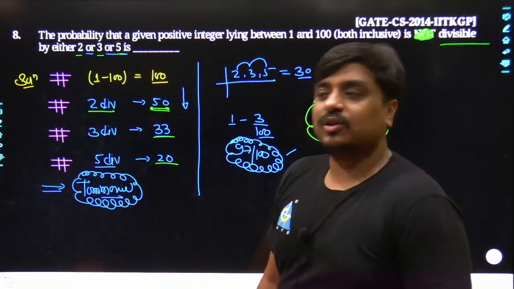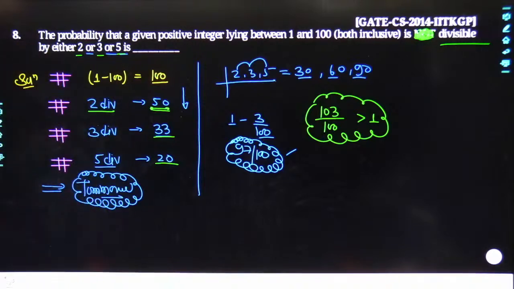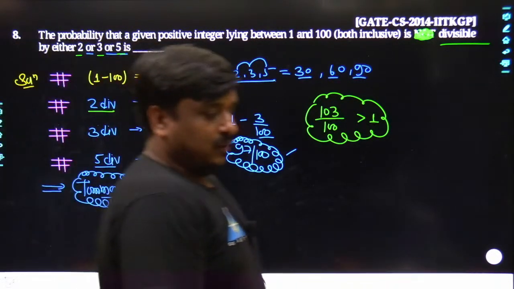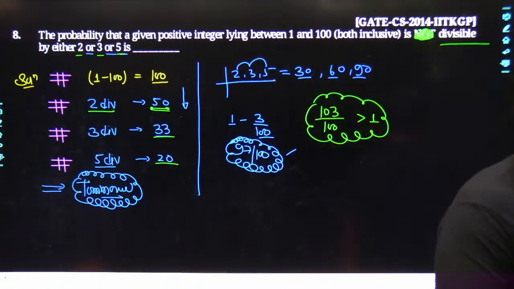May I know how you will solve this problem? Would you like to solve it now only, or would you like to try this problem at home? Tell me, how will you do this?